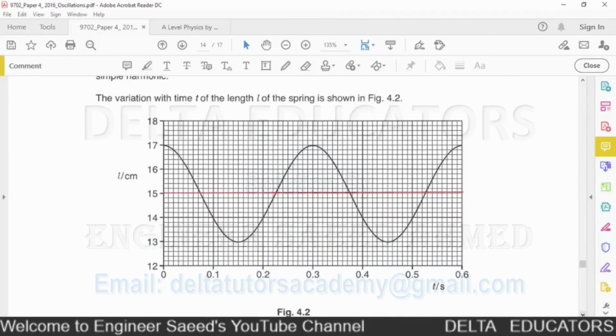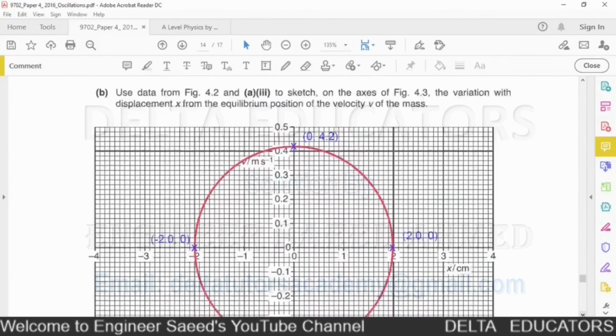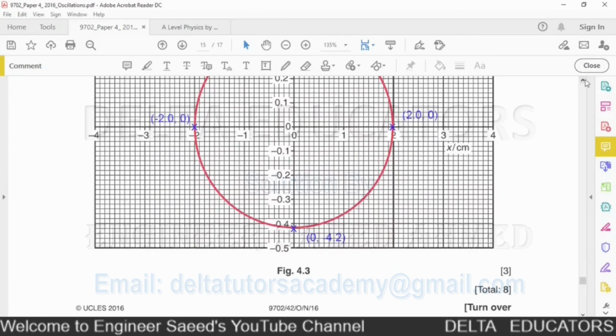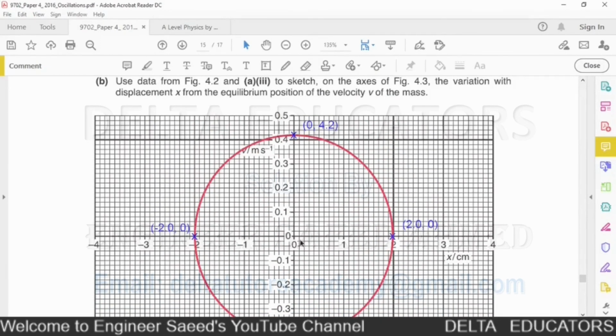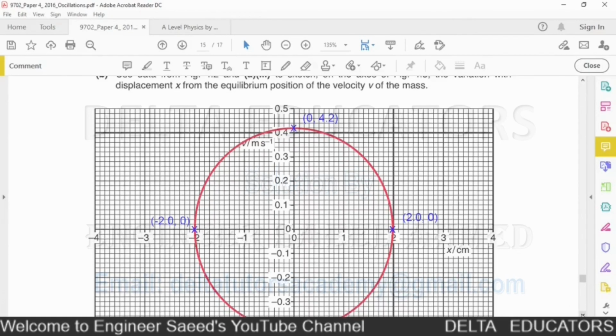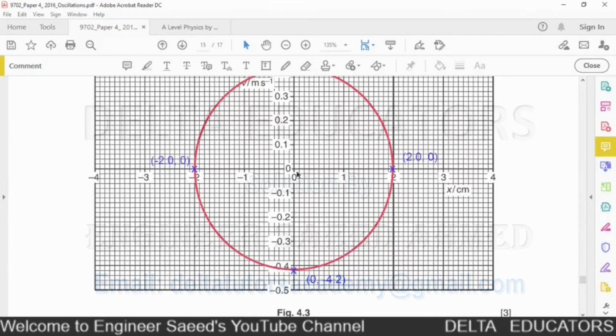Now in the graph, it is our mean position. At the mean position, velocity will be maximum, that will be 0.42 meters per second. And the same thing on the negative axis, at the equilibrium position, its velocity will be minus 0.42 meters per second.